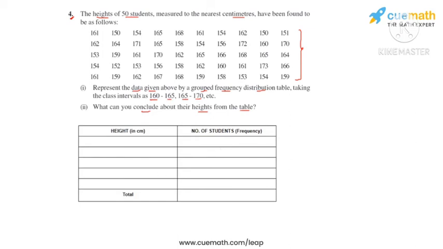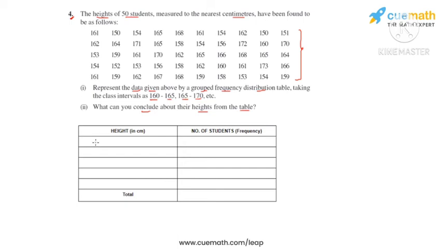As already given in the question, we will have class intervals as 160 to 165, so we get a class size of 5. We start with 150 because 150 is the lowest value that we see in the given data.